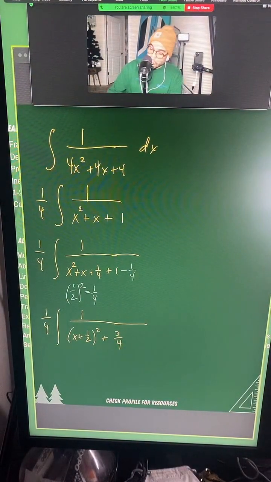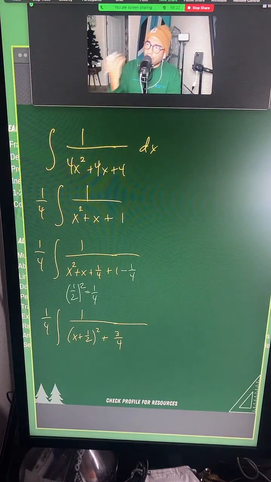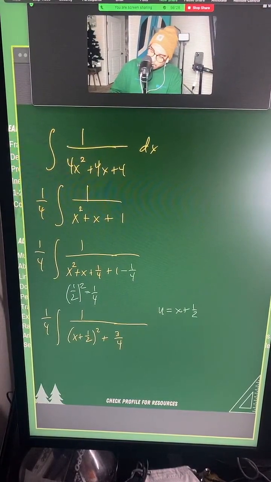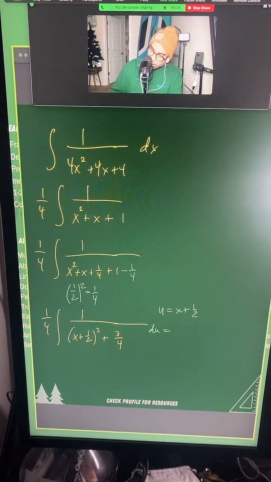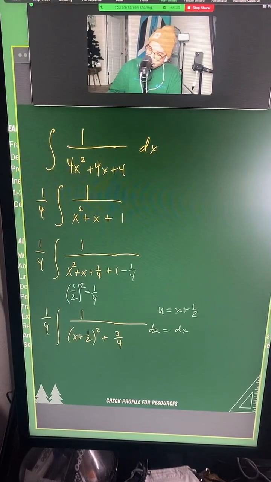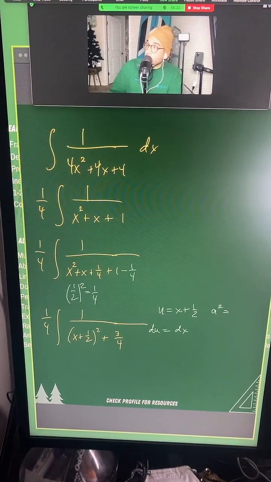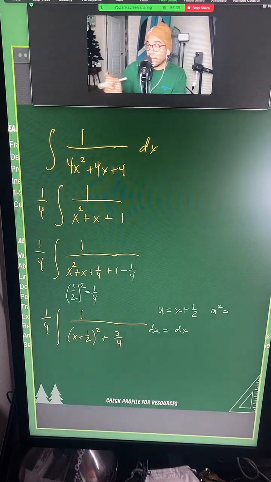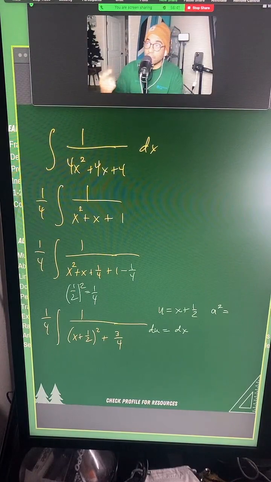This is gonna be an arctangent problem, and if you don't know arctangent, it's a very common problem that you see. We make our u equal to x plus 1/2. Our du is equal to just dx. And we also need the a squared value, or the a value. Okay, Dor, we needed to complete the square because we couldn't do partial fractions. This couldn't factor out, so we had to use completing the square.